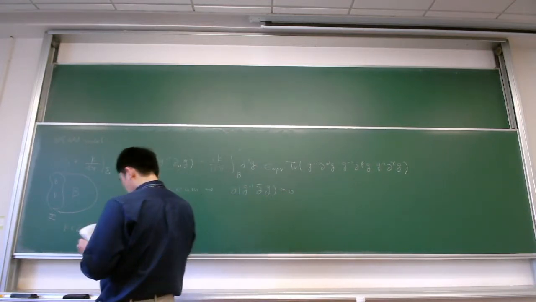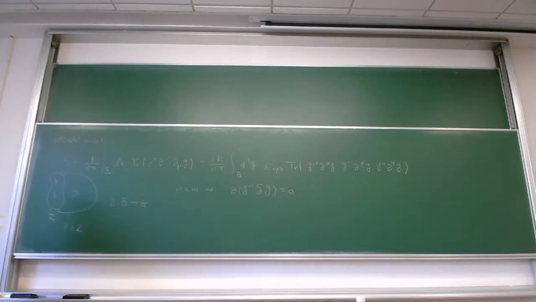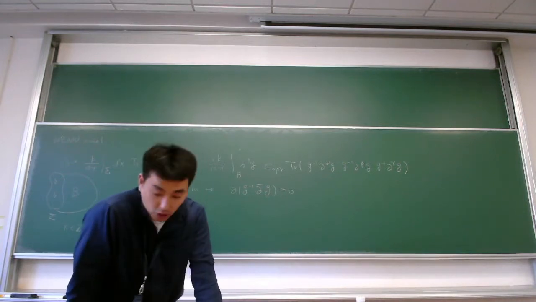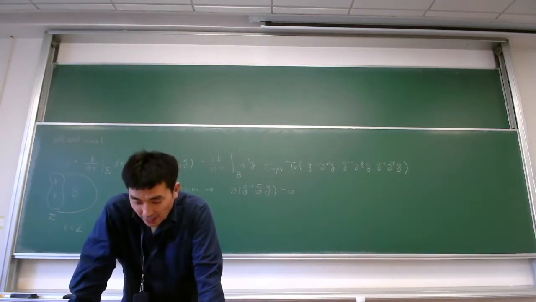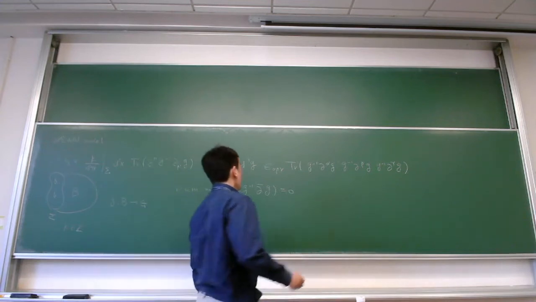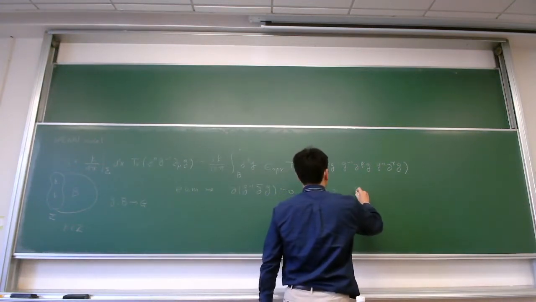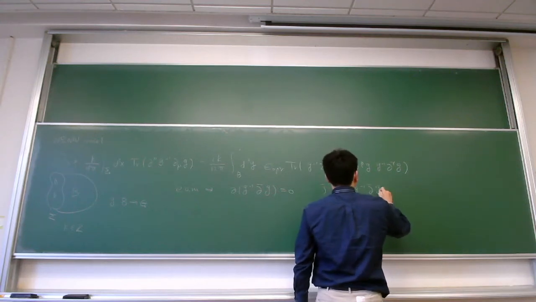So this is the equation of motion, and here you can see the anti-holomorphic current has to be G inverse ∂̄G, up to some constant.